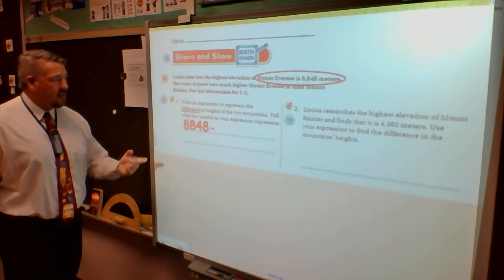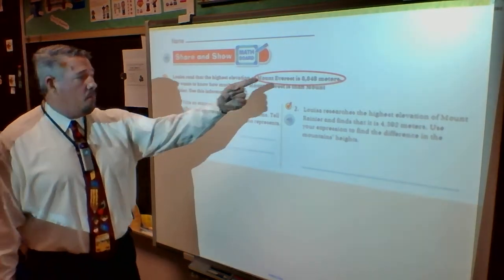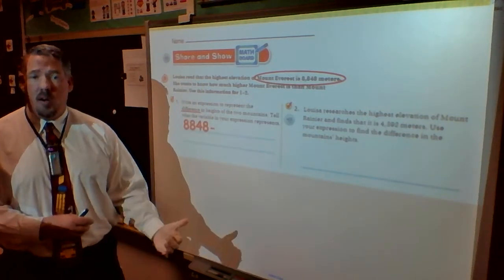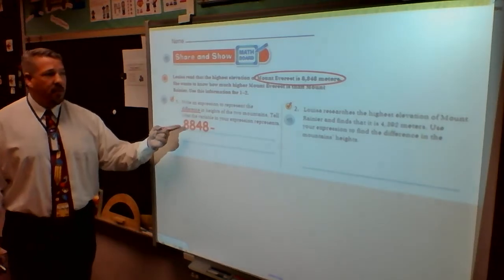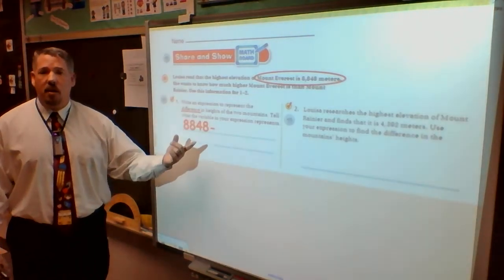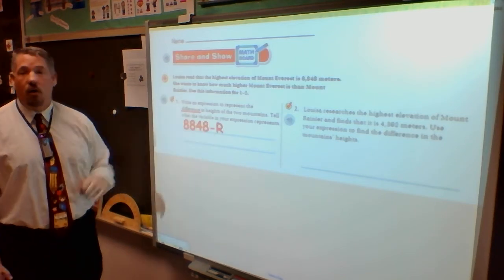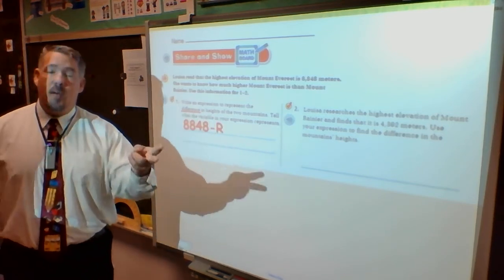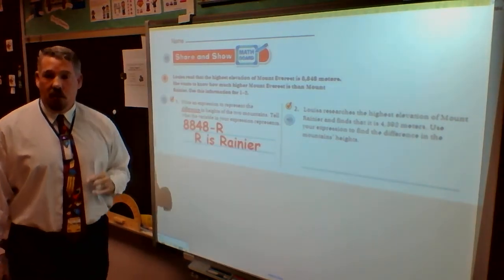Well, first, my expression: I know I'm finding a difference, the difference of Mount Everest and Mount Rainier. I'm told the information for Mount Everest. So I'm going to have 8,848 meters minus whatever Mount Rainier is equal to. So I'm going to choose to use an R. And then my second step is telling you that R is Rainier.